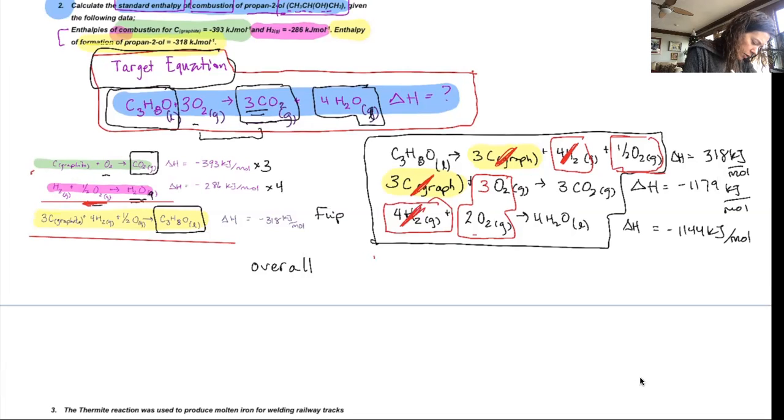All right, I've got C3H8O liquid plus 4.5 O2 yields 3 CO2 plus 4 H2O. I'm so confused right now.